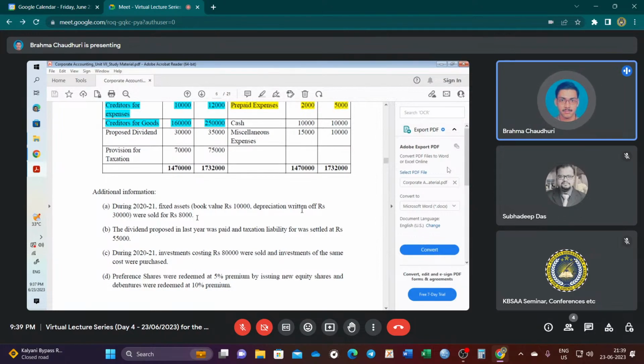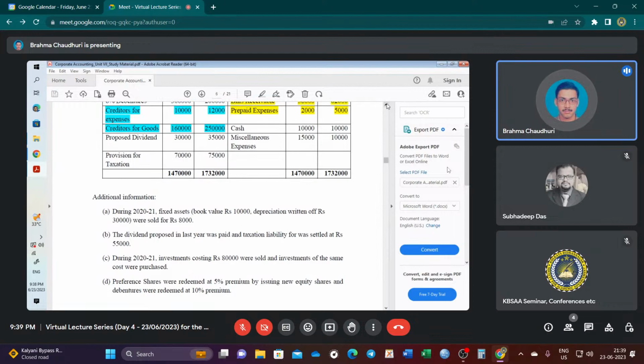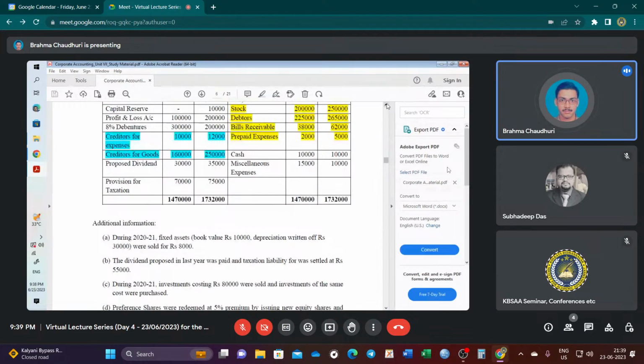Next additional information is the dividend proposed last year was paid, and taxation liability was settled for rupees 50,000. In case of proposed dividend, last year's proposed dividend was 30,000 and it was paid during this year. But in case of provision for taxation, last year a provision for taxation of rupees 70,000 was made, out of which taxation liability was settled for rupees 55,000.